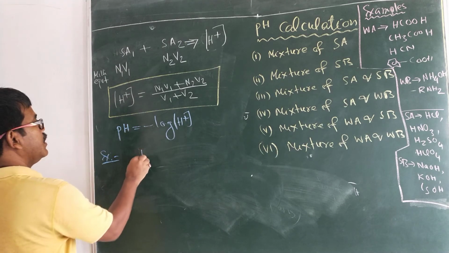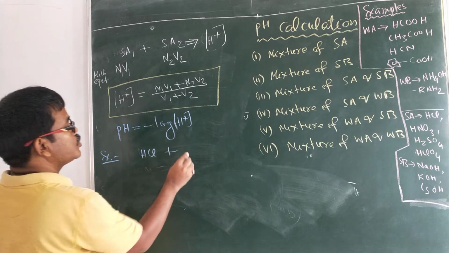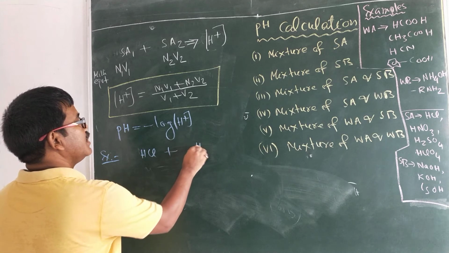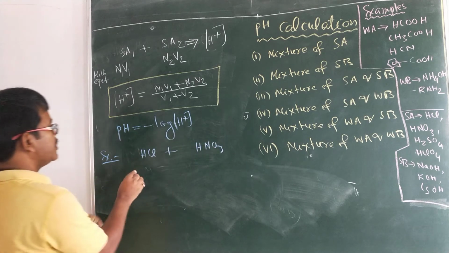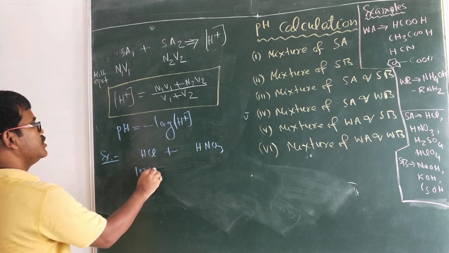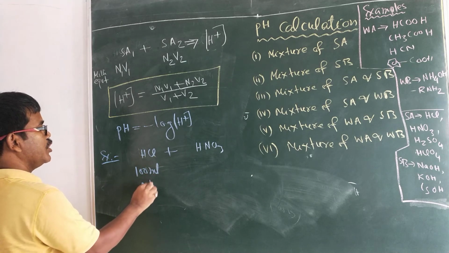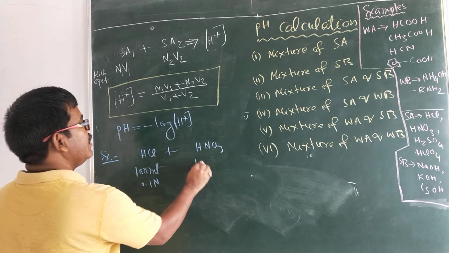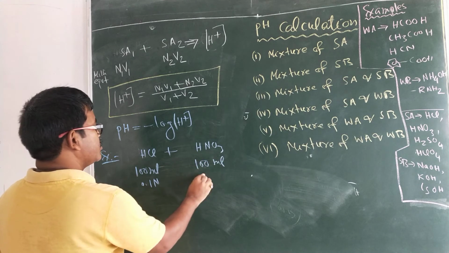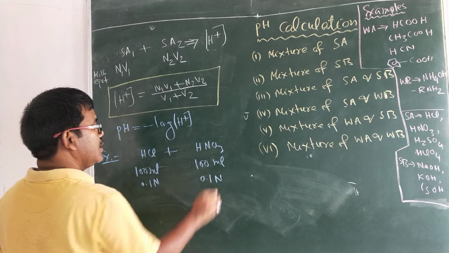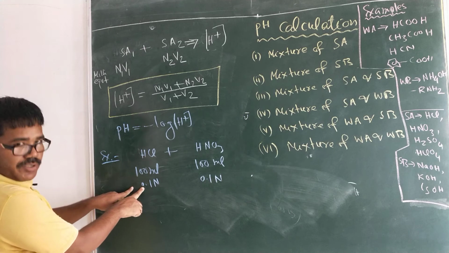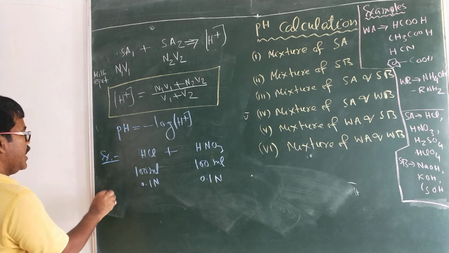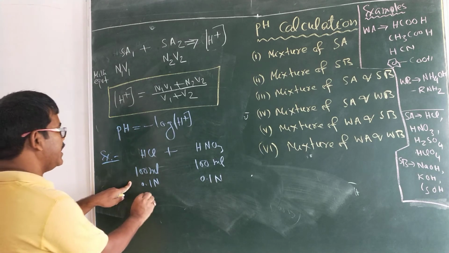Suppose hydrochloric acid is mixed with nitric acid. Suppose this is 100 ml is mixed, suppose normality of this is 0.1, this is also 100 ml, normality of this solution is 0.1. Therefore, milli equivalent for this, N into V, will be 10.